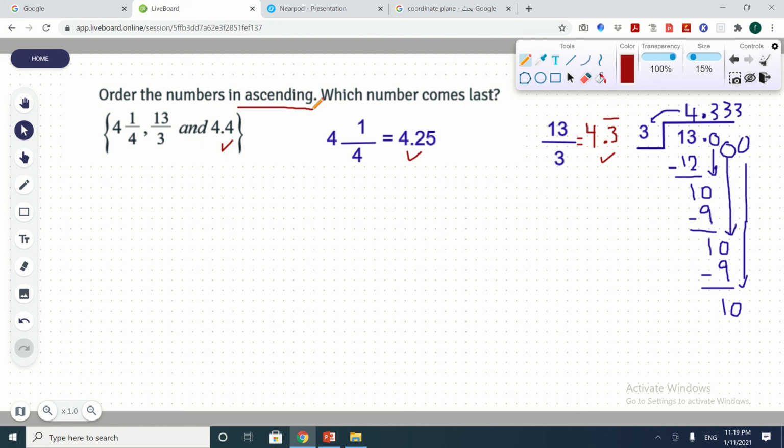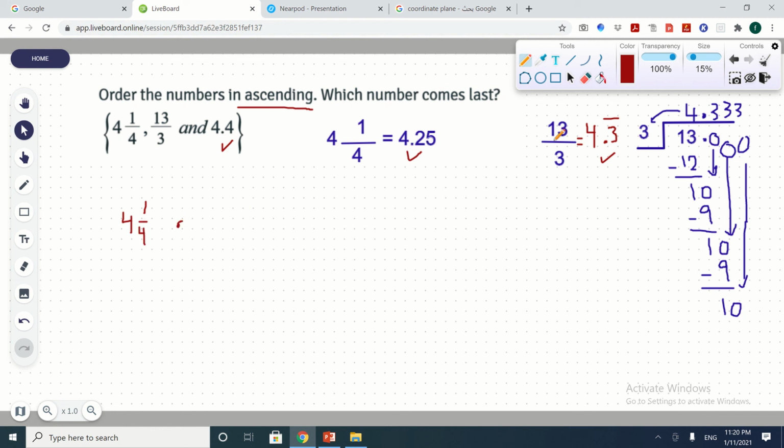Here 4, here 4, and here 4, so they are equal in the whole number. But here the next digit is 2, here 3. Which number is the least? The number with 2, so the smallest is 4 and 1/4. Okay.